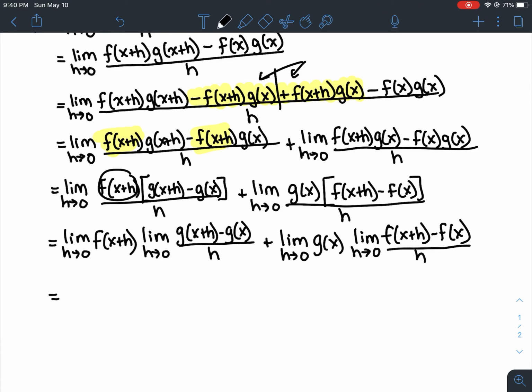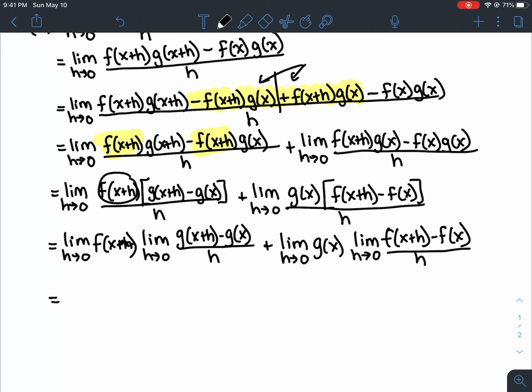And now we can sub in 0 for h. Once we do that, that goes away. So I'm just finding the limit as h goes to 0 of f of x, which is just equal to f of x.